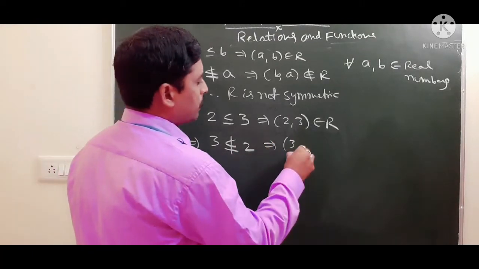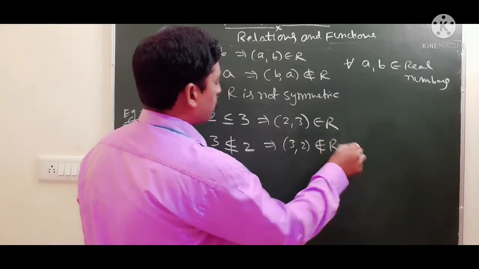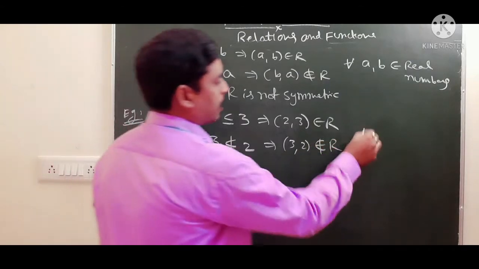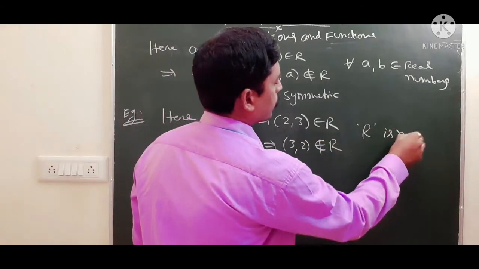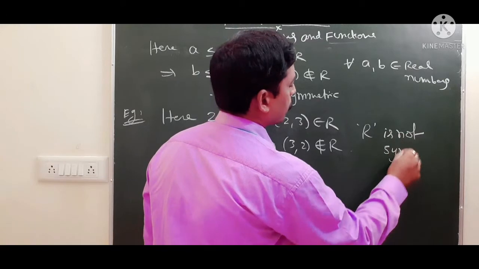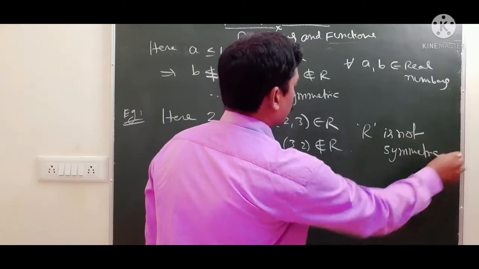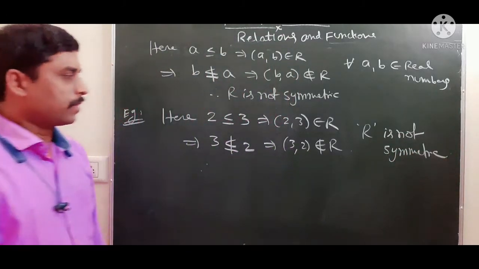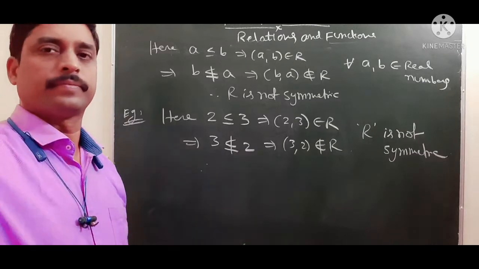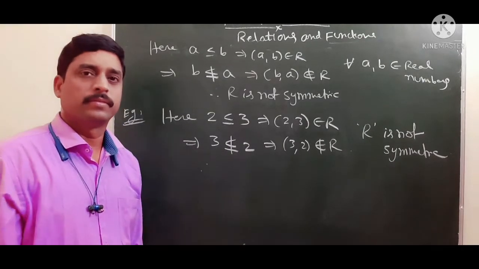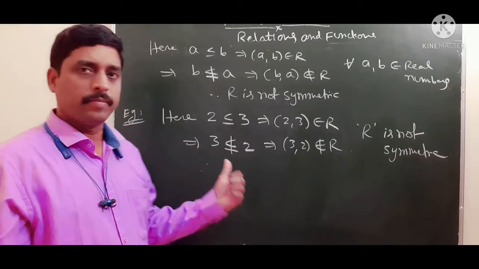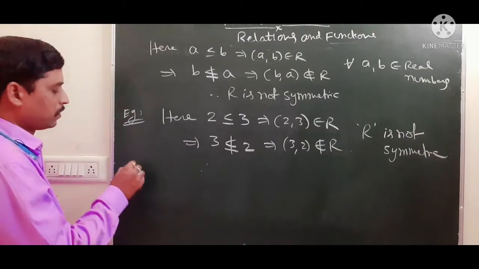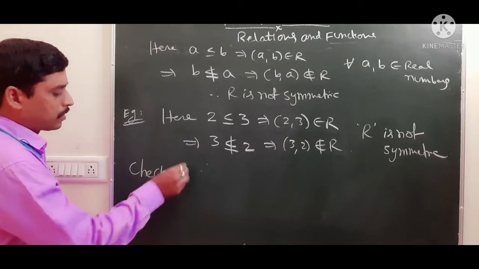Therefore, (3, 2) does not belong to R. Therefore, R is not symmetric. Okay, clear? Okay, is it clear? Now, go to check the transitive property.